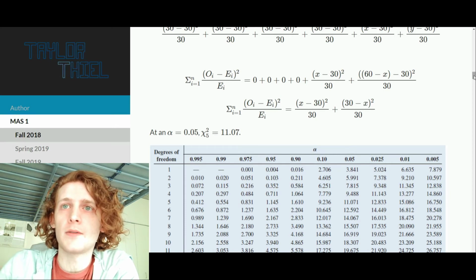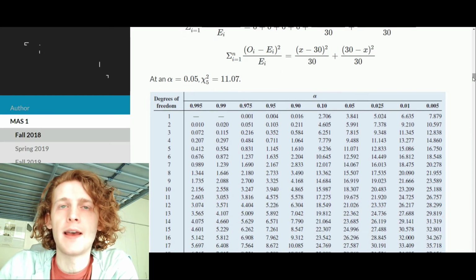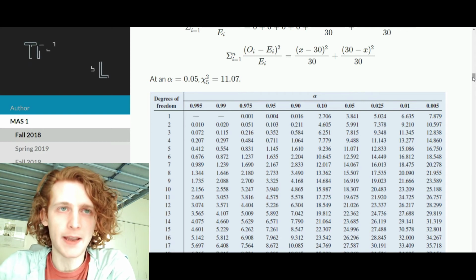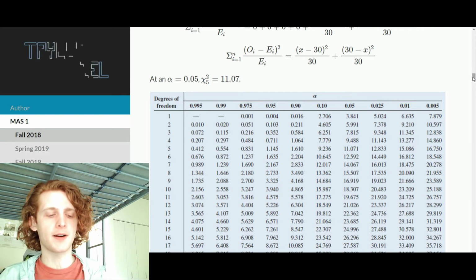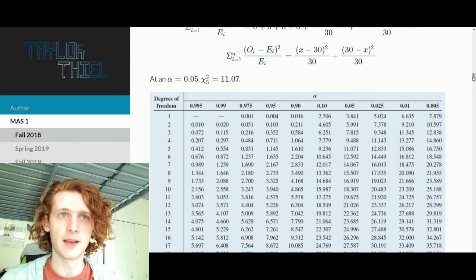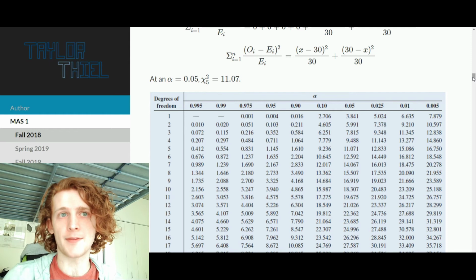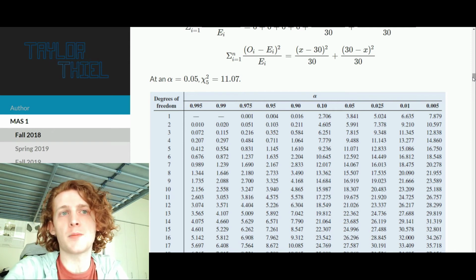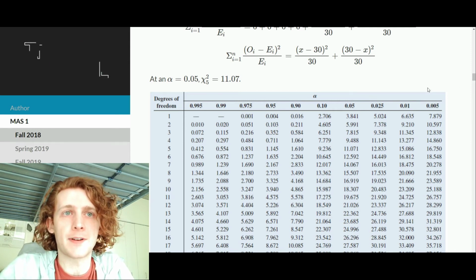Next, now that we have our test statistic as simplified as we can get it, we want to know what our test statistic threshold is to be statistically significant at an alpha of 0.05. For that, you would go to your chi-square table and look at the degrees of freedom of 5.